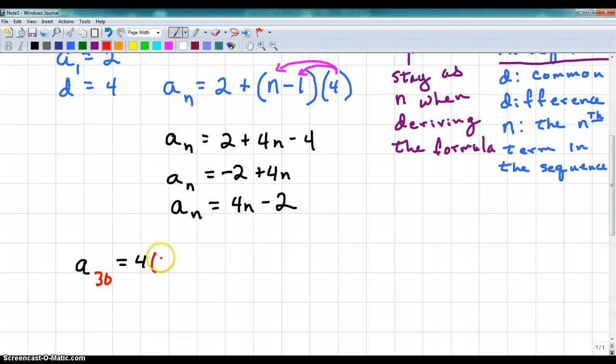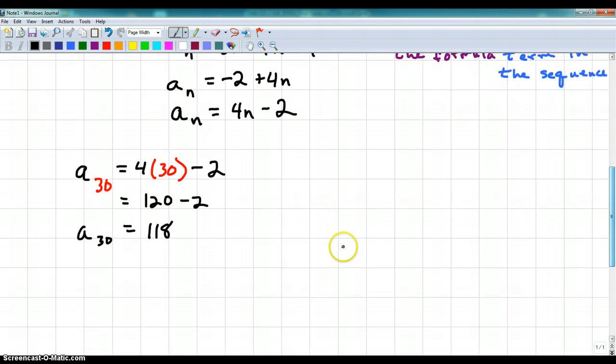So I'm looking at 4 times 30 minus 2, which gives me 120, take away 2, which is equal to 118. So a sub 30, the 30th term, is 118.